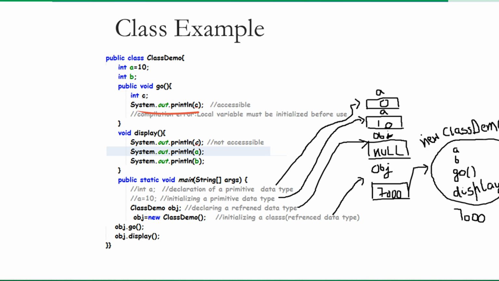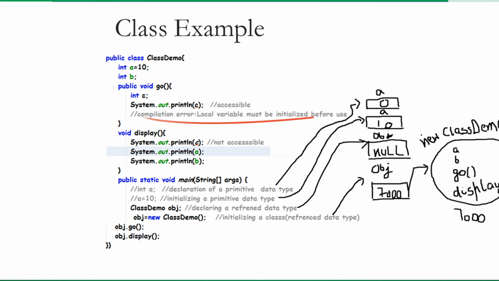Now I am printing a statement which is printing the value of c. So basically c should be accessible here, okay, but it is giving us a compilation error. What is the compilation error? Local variable must be initialized before you use it. Now in Java, if we are using the value of any local variable, then we must initialize it before its usage.